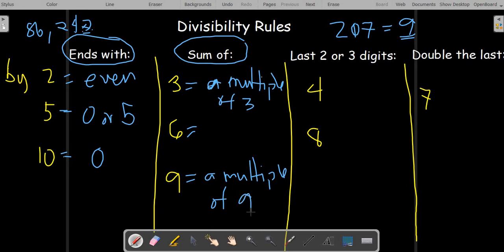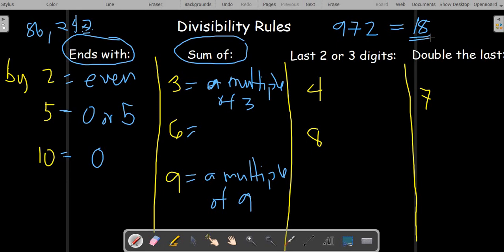Let's take for example 972. 9 plus 7 is 16, plus 2 is 18. So the sum is 18, and 18 is a multiple of 9.